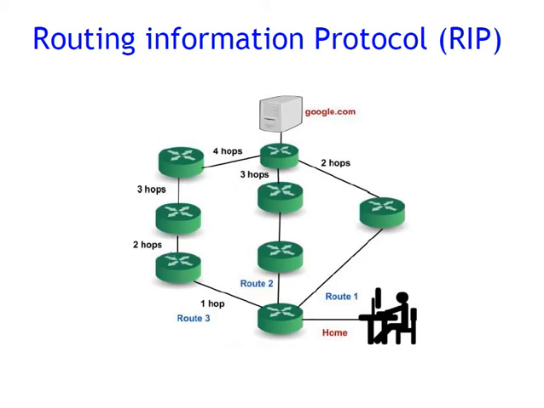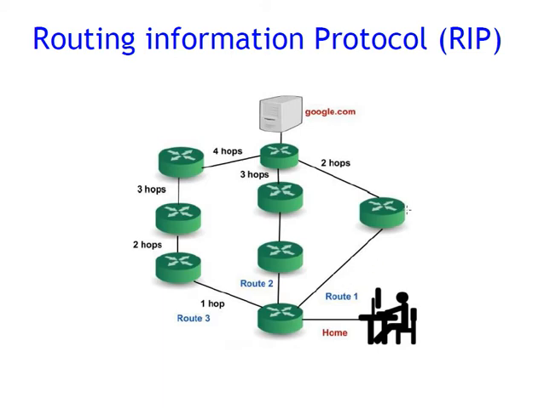So you can see here there are different routers. Let us assume that this person wants to access google.com. From his system, the nearest IP router will be as shown here. From this router, there are three directions, three links.